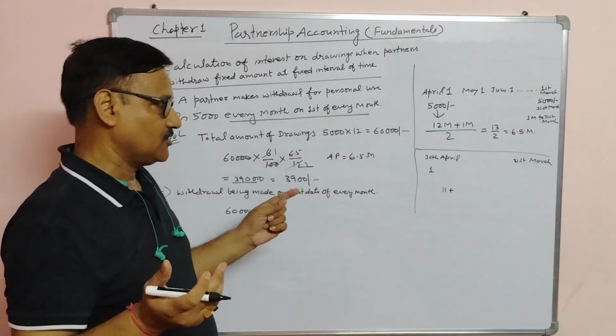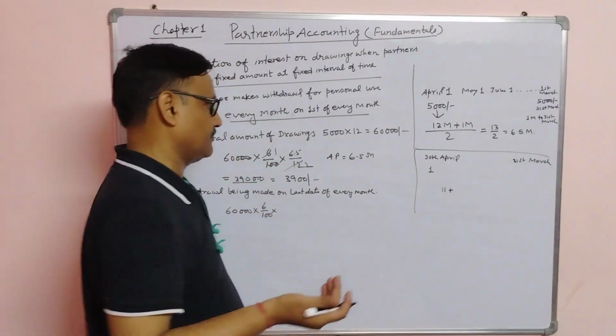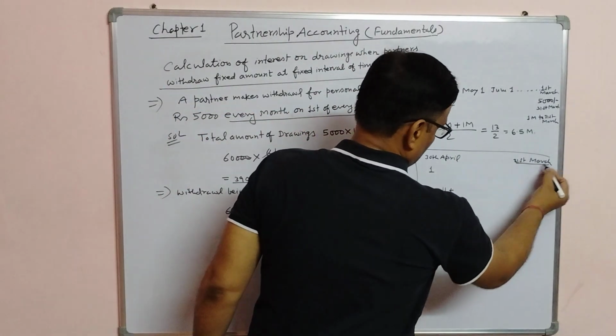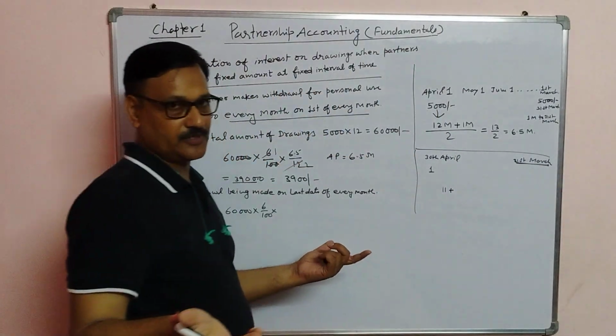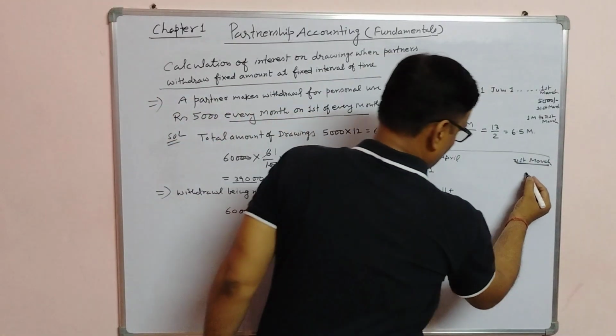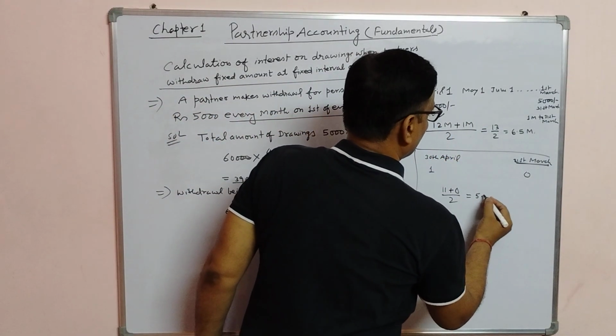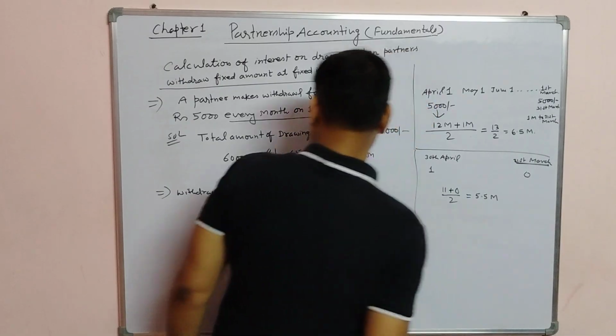बिगिनिंग फ्रॉम मई टू 31st मार्च, दिस इज 11 मंथ्स. लेकिन ये जो 31st को पैसा निकालेगा वो तो लास्ट डेट है, इसके बाद तो कोई समय नहीं बचा, इसलिए ये कब तक इस्तेमाल होगा? 0 मंथ डिवाइड बाय 2. Therefore 5.5 month is the average period.